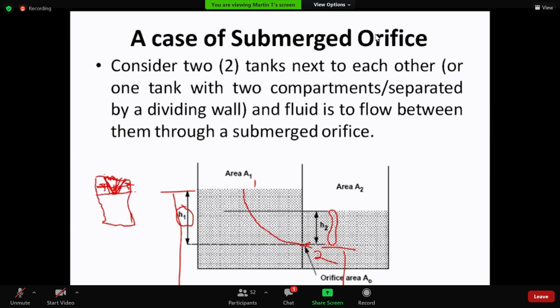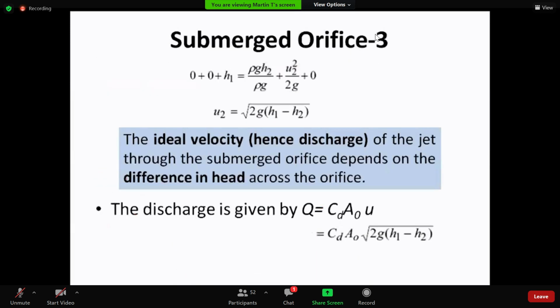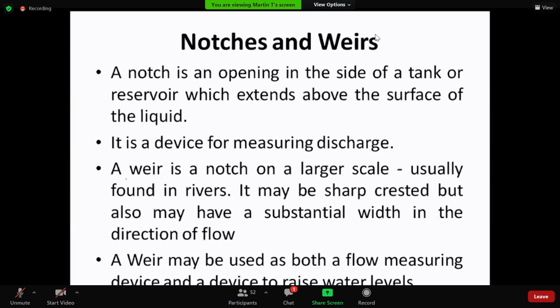So this is what we would call a notch, right? Then a weir is also a notch, but on a large scale.